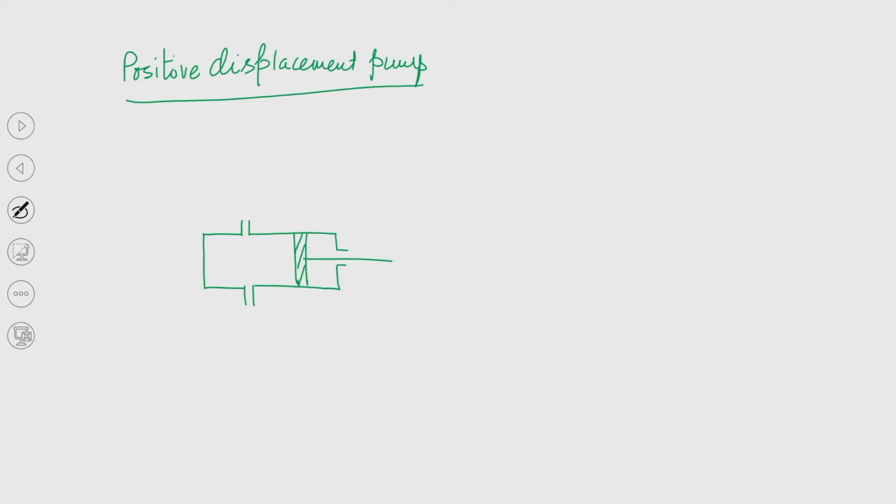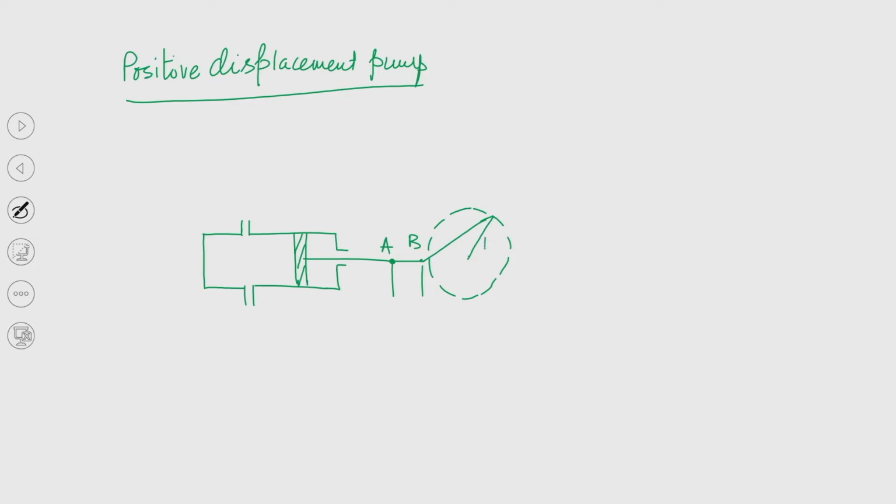Say this is the linear displacement, this is the location A and this is the final location B of the piston.